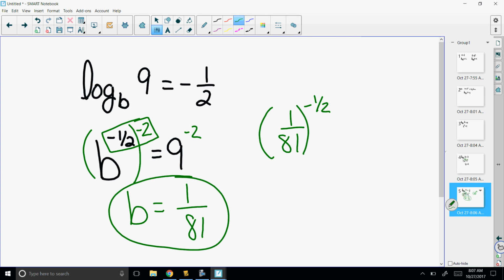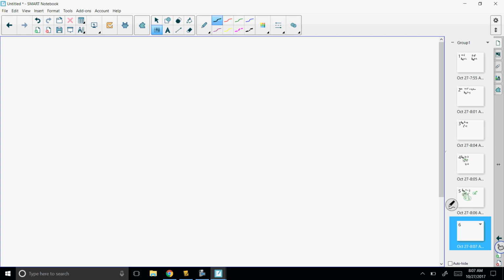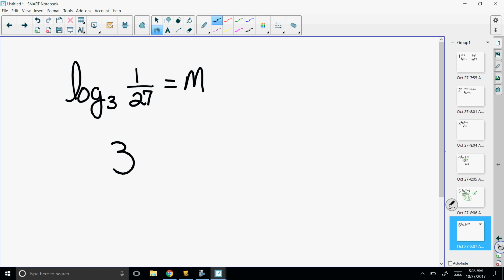Another example they would ask you would be to solve log base 3 of 1/27 is equal to m. So this is saying 3 to the m power is equal to 1/27.